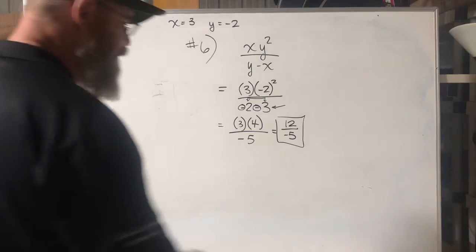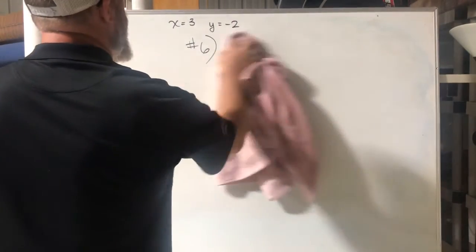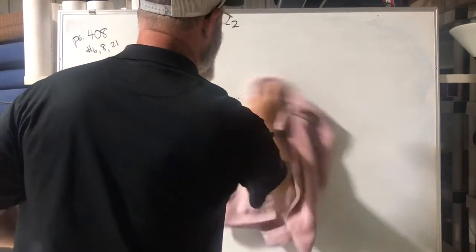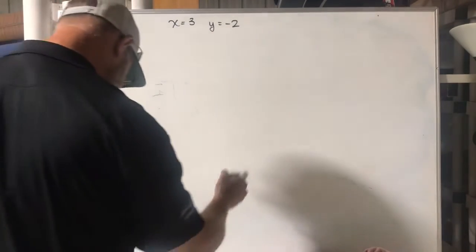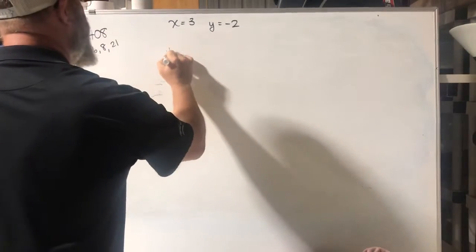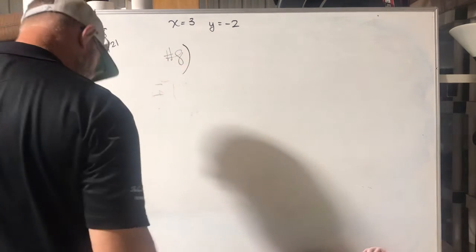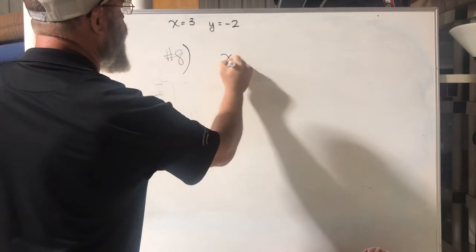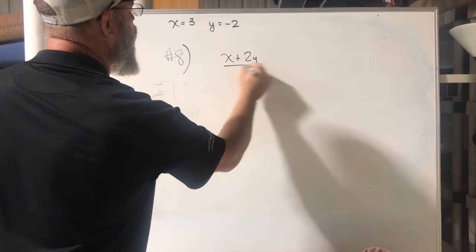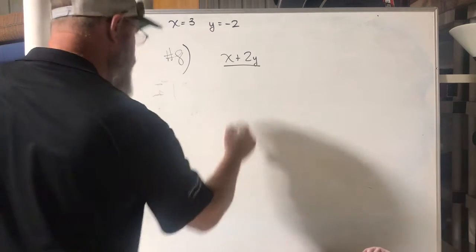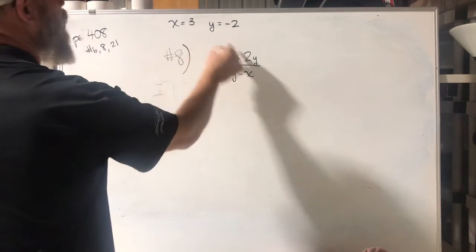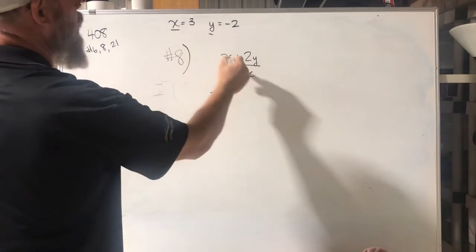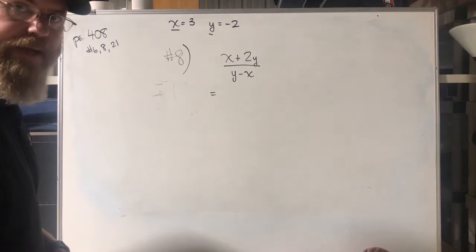Number 8 is very, very similar. We're still using the same values for x and y. So number 8 is x plus 2y over y minus x. So all we do is plug in the values of x and y into this rational expression, okay?